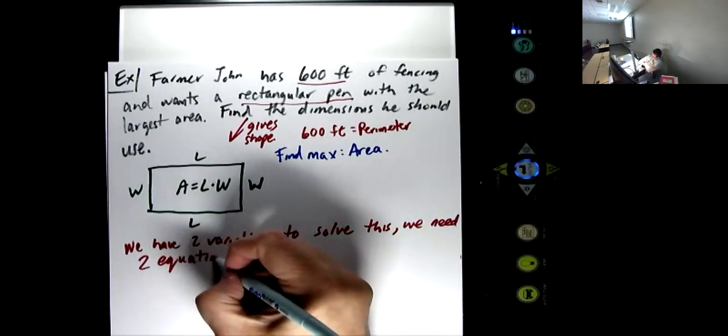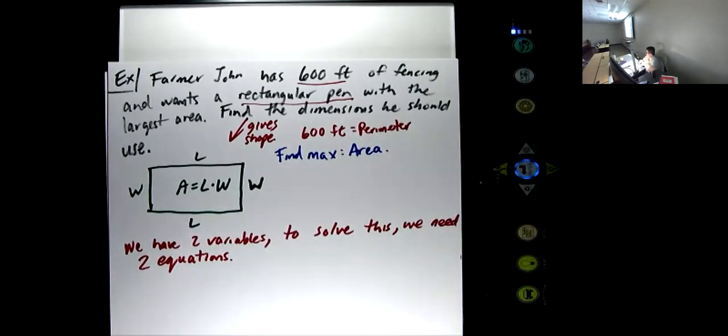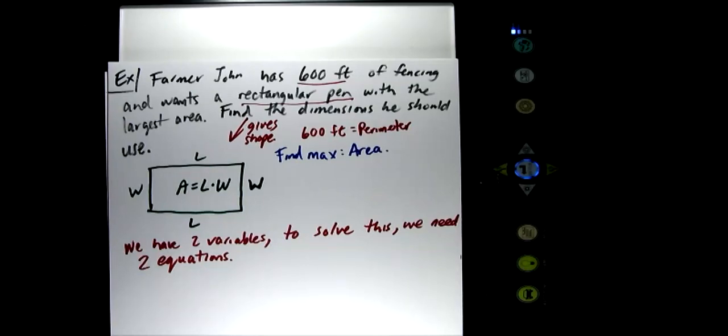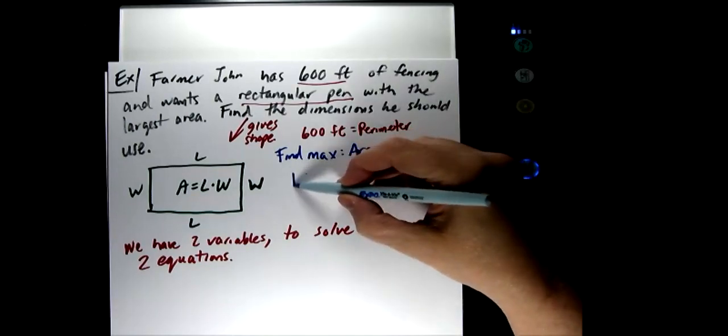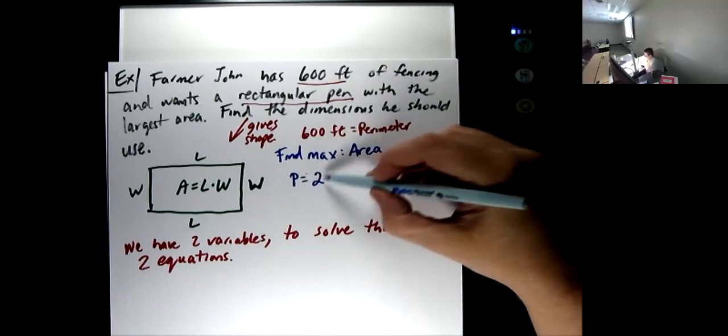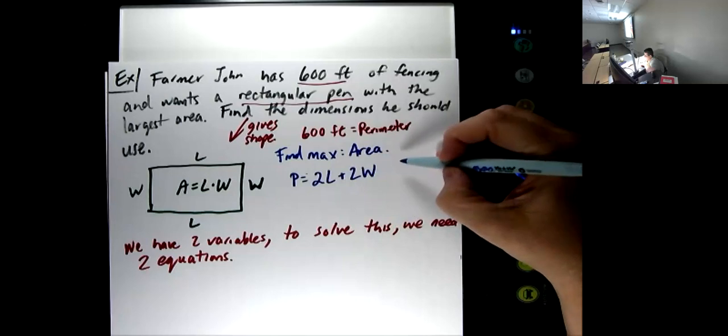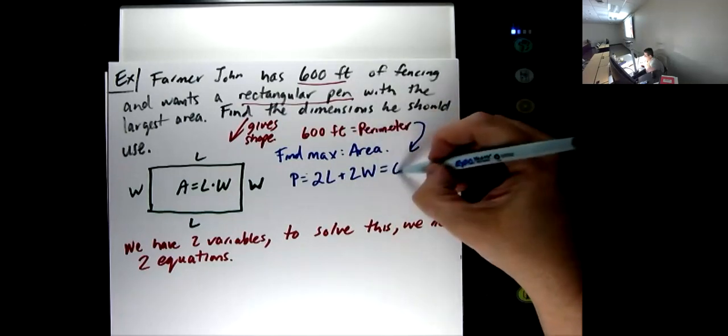What other equation could we generate, keeping in mind what we have been given? Any ideas? The perimeter. What's the equation for the perimeter of a rectangle? 2 length plus 2 width, and we know it equals 600.